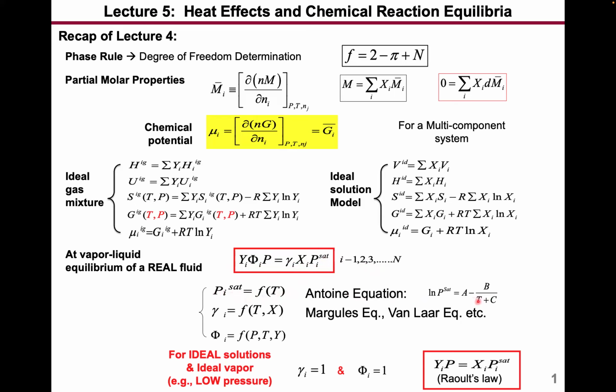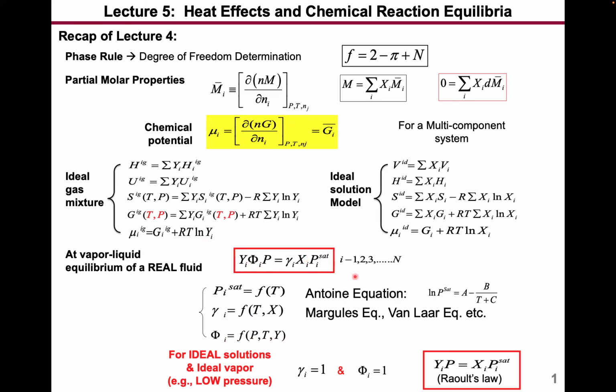So as long as you know T, you can calculate pi saturation. For gamma i, we give you a few different types of equations to calculate. Again, it's going to be a function of T and molar fraction. And then capital Phi is going to be a function of temperature, pressure, and y. This is for a real fluid, right?